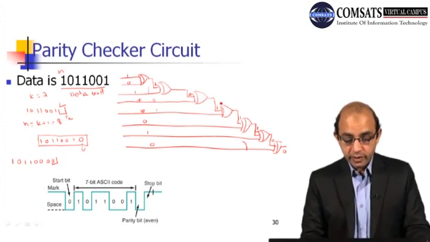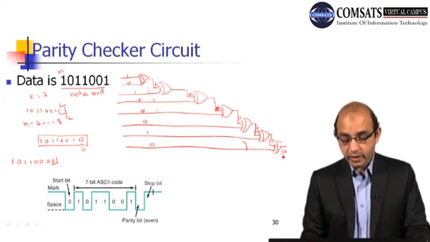So let me put here, right? 0, because 0 0 0 0 1 1, this 0 and this 1, and then 1 0 1 and 1 1 0 and 0 0 0.